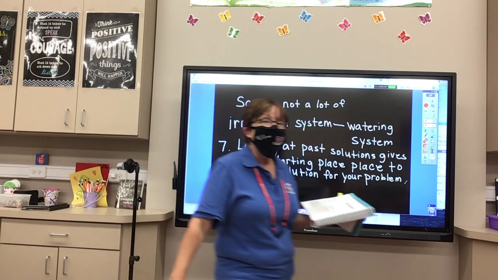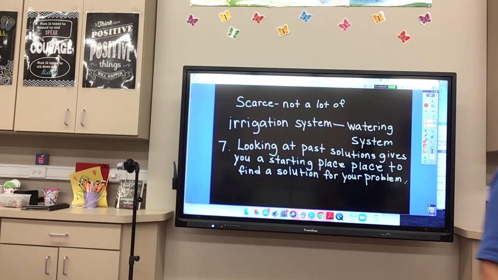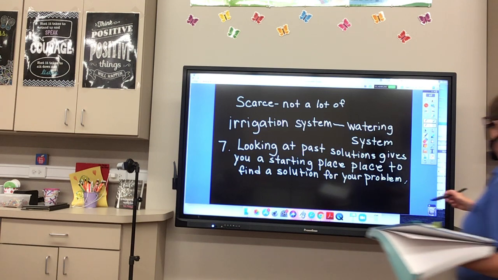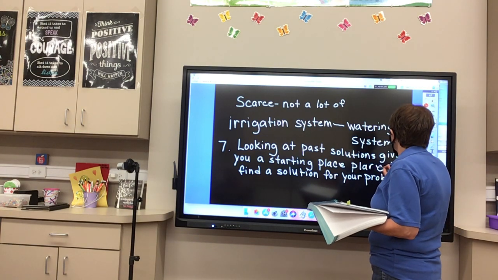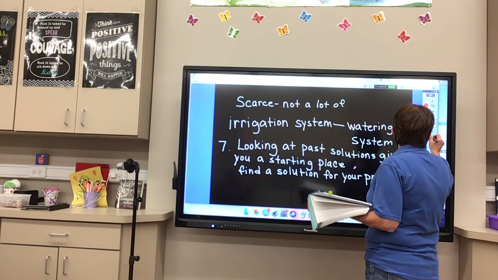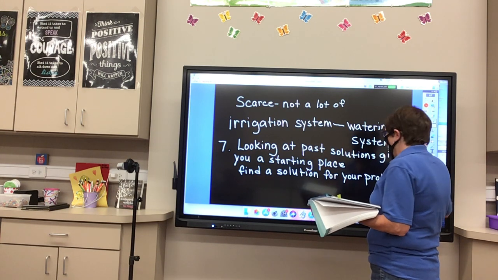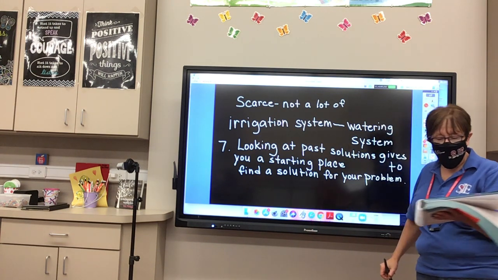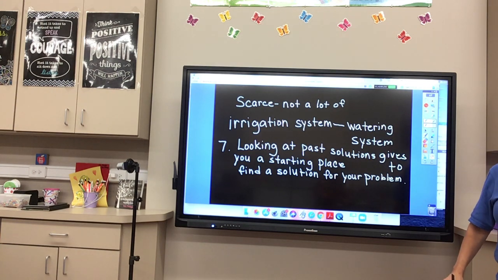And then why, yes? Looking at past solutions gives you a starting place. Oh, I wrote the word place twice, so you don't have to write that twice. And then, why should you always keep constraints and criteria in mind when solving a problem?